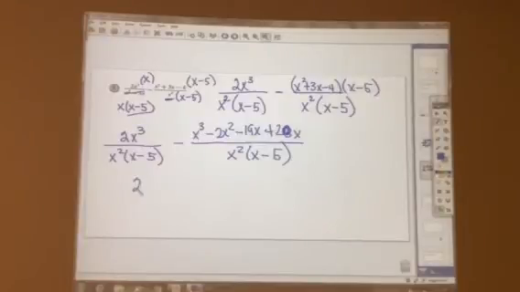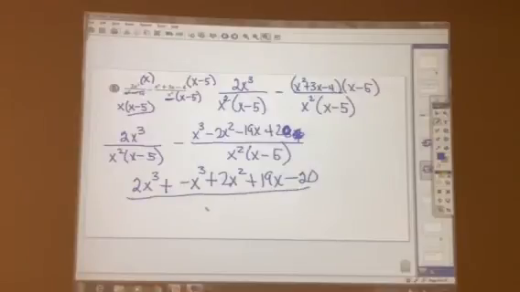So really this would say 2x cubed plus negative x cubed plus 2x squared plus 19x minus 20. That x right there should not have been there. All over common denominator x squared x minus 5.